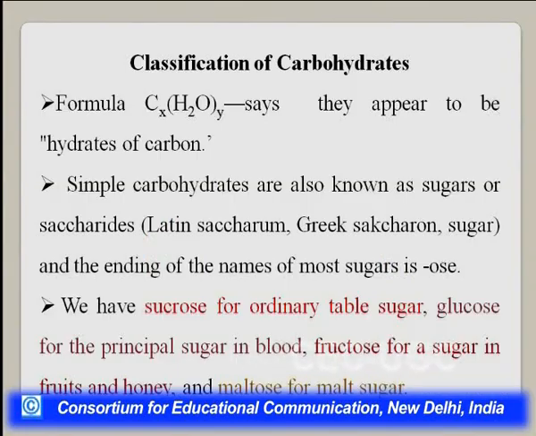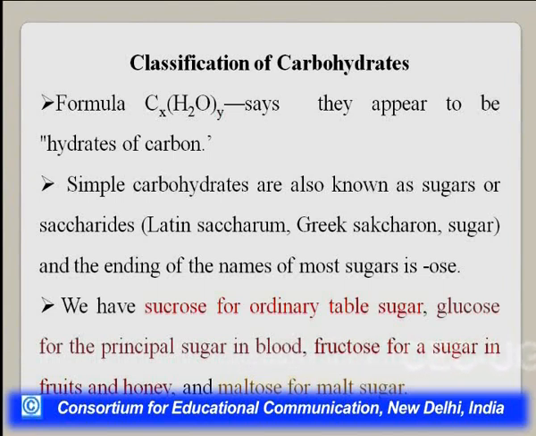So this is part 1. What is the classification of carbohydrates and what are carbohydrates? We can say these are the hydrates of carbon. As you can see, this was the initial definition of carbohydrate because of the formula CxH2OY. Simple carbohydrates are also known as sugars or saccharides.